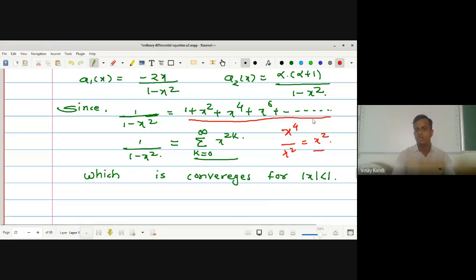So this is a geometric series. So any geometric series converges for mod x less than 1. Did you read geometric series?